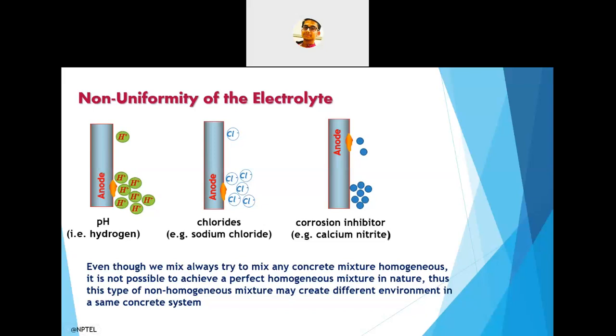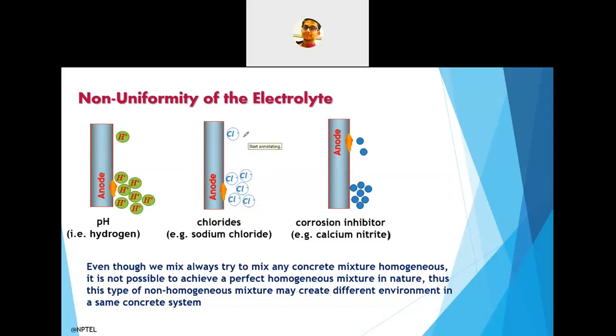In the second example, due to the presence of chloride, it is not mandatory that the percentage of chloride will be the same throughout the concrete structure. It won't be homogeneous. Where there is more concentration of chloride, you have corrosion in that particular region.